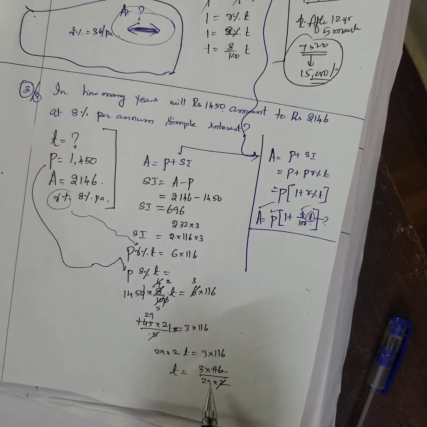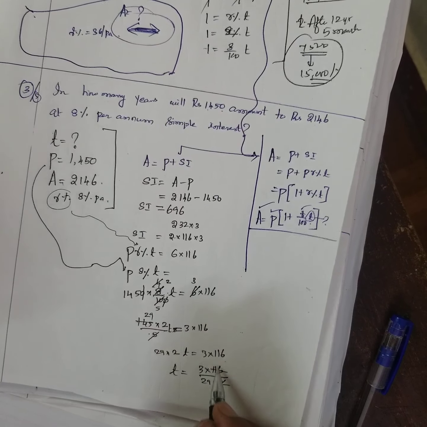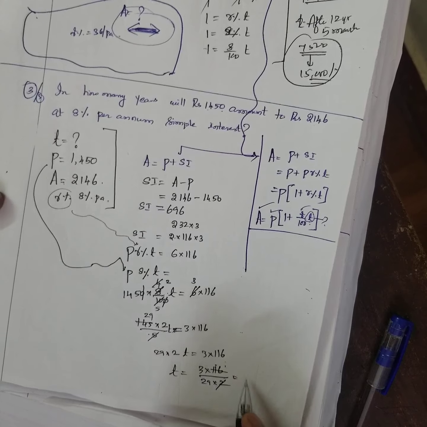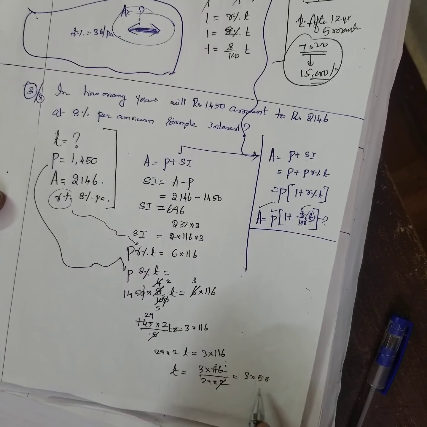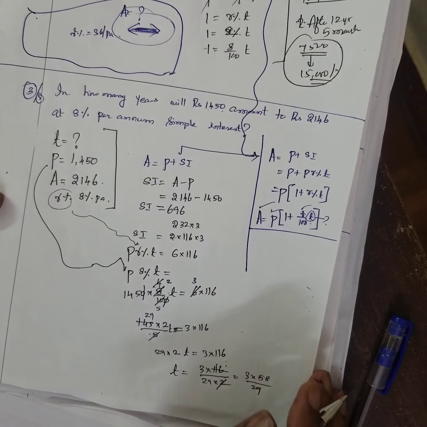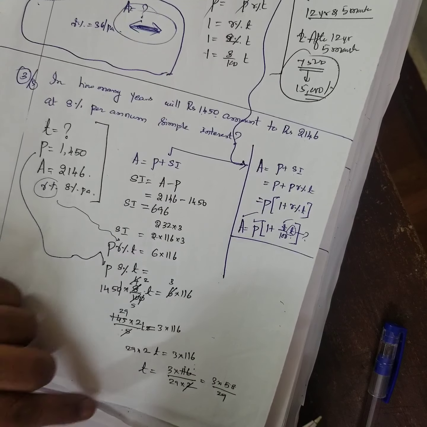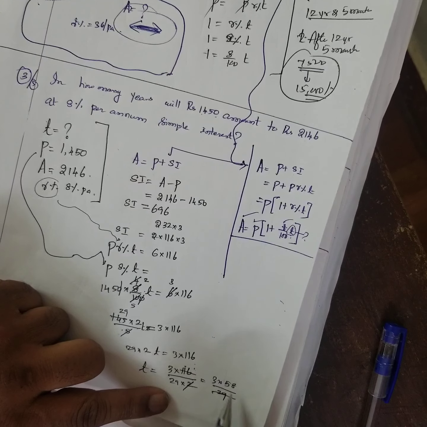But no, here 116, 2 is 58. 3 into 58 by 29. How many times does it go? 2 times.